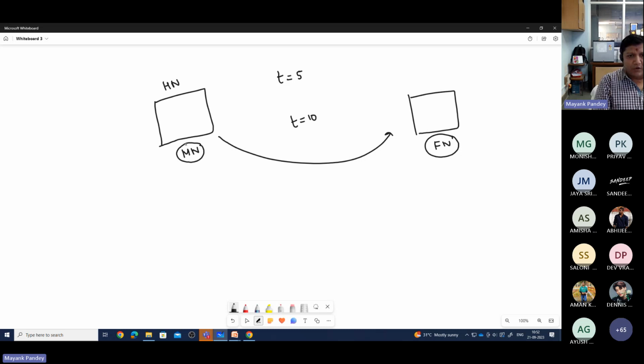When the mobile node was in this home network, the other nodes, say B, C, D, might have communicated with it, up to t equal to 5. When the mobile node is inside the home network, different nodes of this network might be communicating with it. And all these different nodes have an ARP cache.